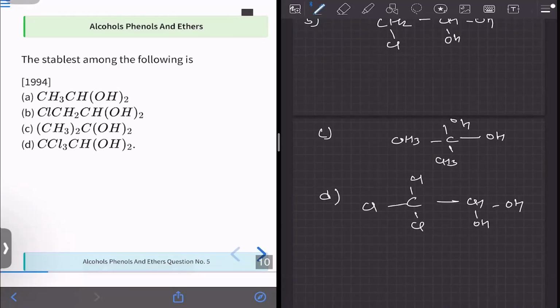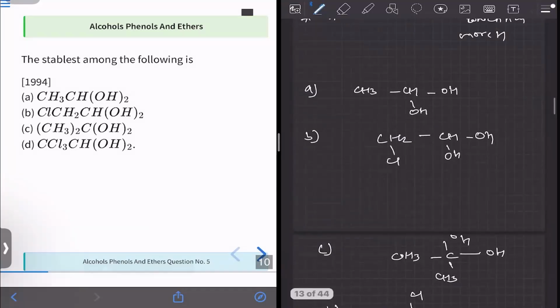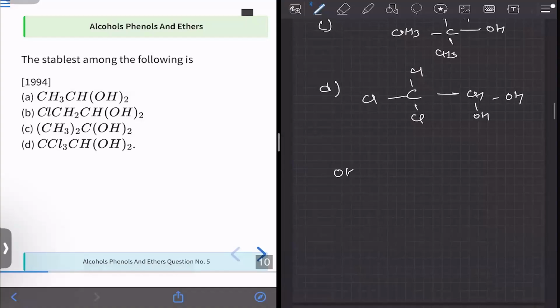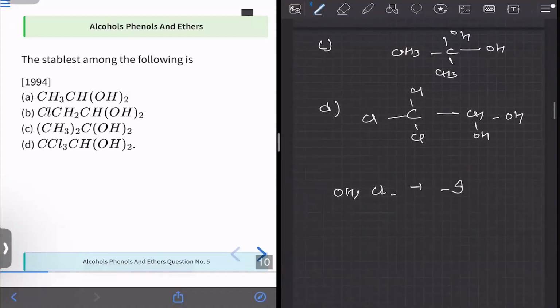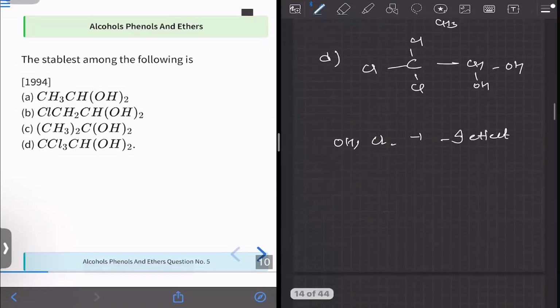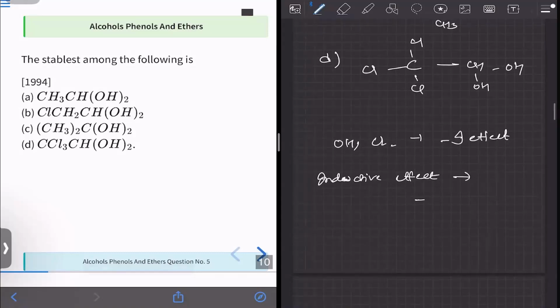See, in this, OH and Cl are electron withdrawing groups. These contain a minus I effect. What is the minus I effect? It is the inductive effect. Minus I suggests these groups are electron withdrawing groups.